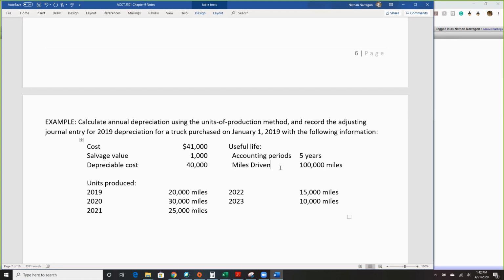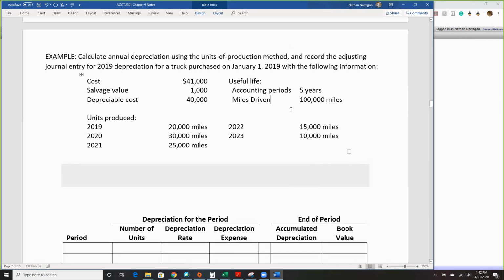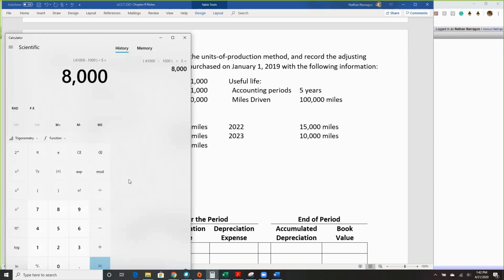Taking our same truck, and this time, instead of using a period, we're going to use the miles. So, our calculator, again, have our cost minus salvage value.